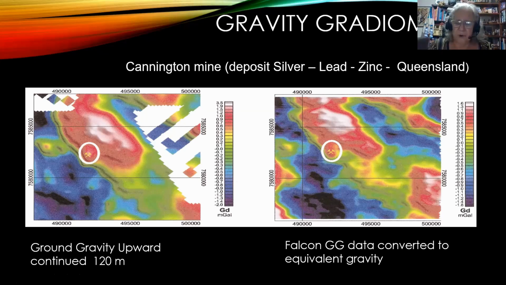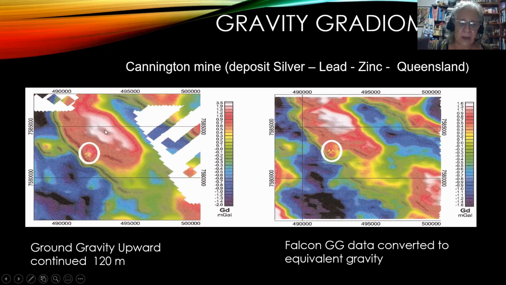And this is important, I didn't mention it before. When we have all these maps, we are talking about contrast in the physical properties. So this is an example from a ground gravity survey and a FALCON gravity gradiometry survey.